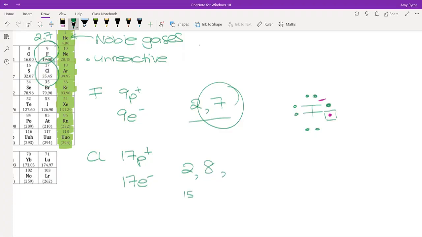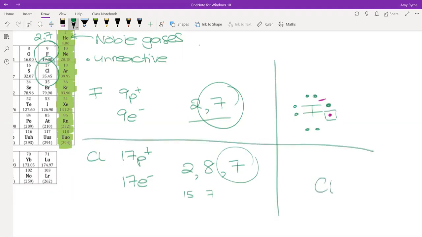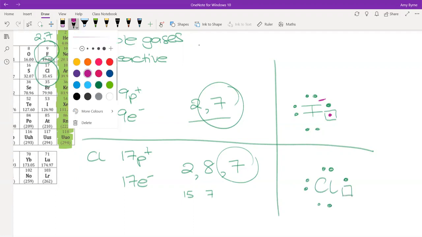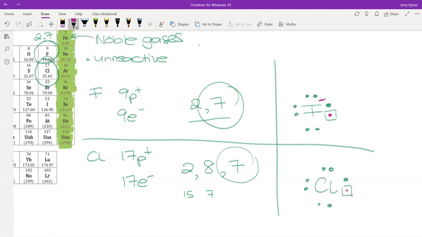So 15 minus 8 gives us 7. And then I've got 7 in the last shell. Let's now draw out this same dot structure that I've drawn on the right for chlorine. So chlorine has 7 electrons in its outer shell, which means it's got space for 1 more. So chlorine will want to gain that electron and get a net minus charge.